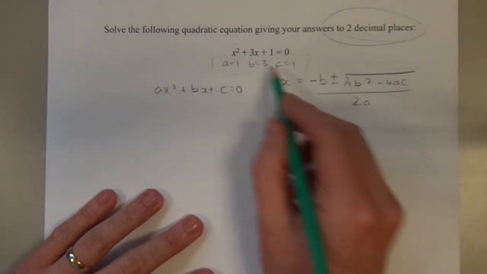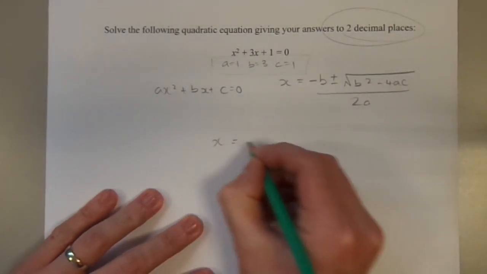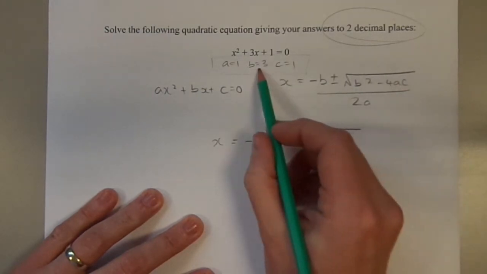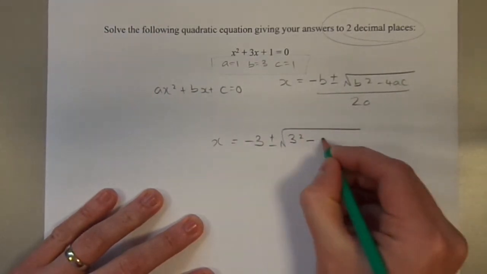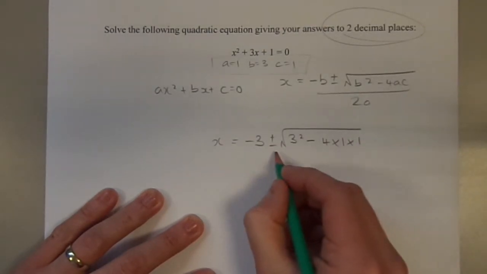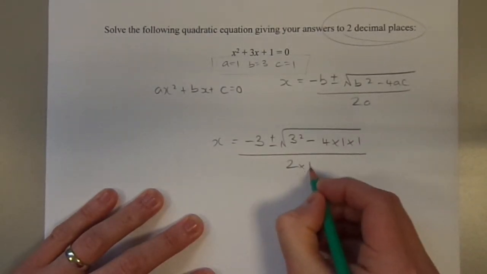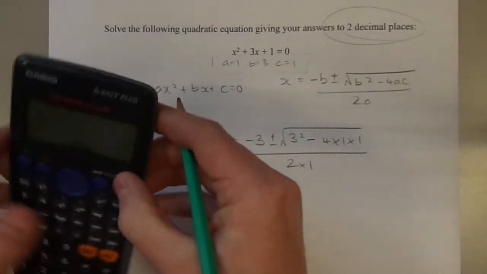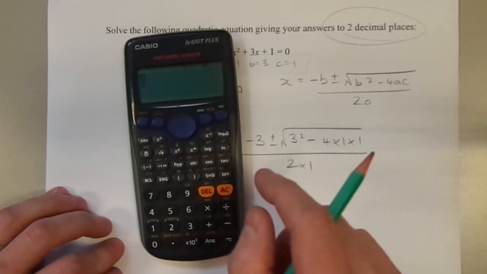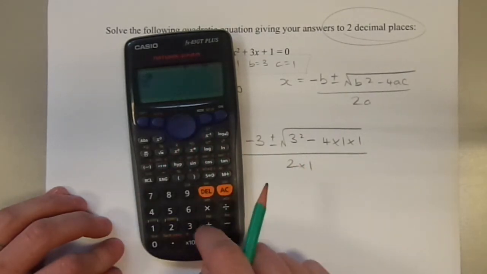So b is 3, so minus b is minus 3, plus or minus root b squared minus 4 times a times c, which is 4 times 1 times 1, all over 2 times 1. And then we plug that into the calculator.